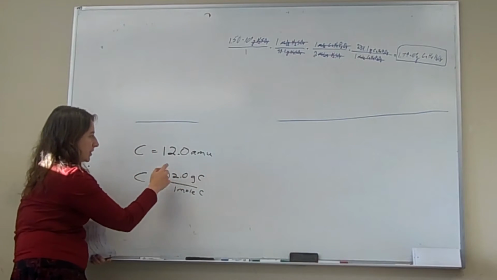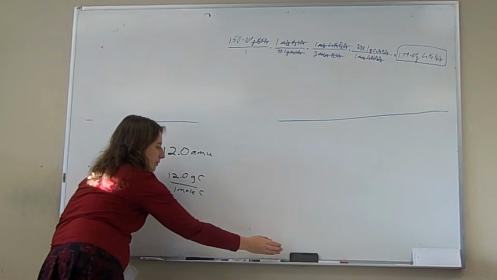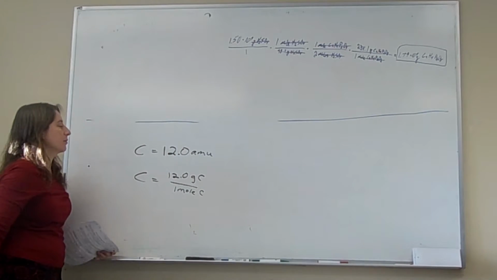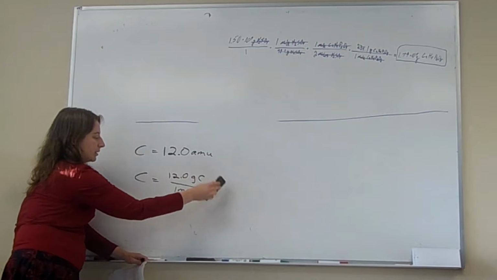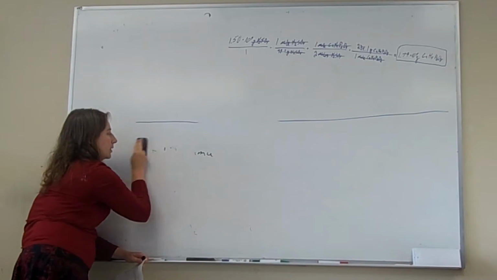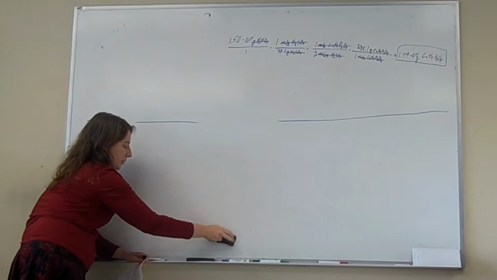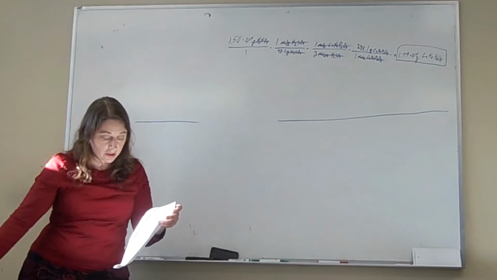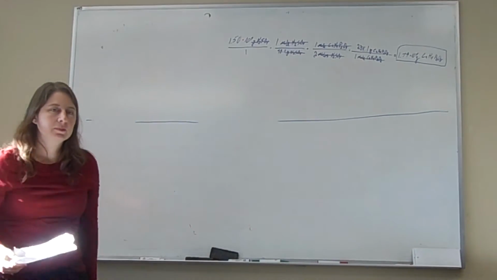So when you're doing it for these problems, you can pretty much forget about AMU. We're never using 1 atom or 1 molecule. We're always using grams and moles at this point. So when you get molar masses, just do them in grams per mole, unless you actually are talking about 1 atom or 1 molecule.